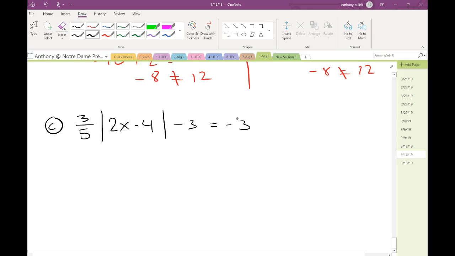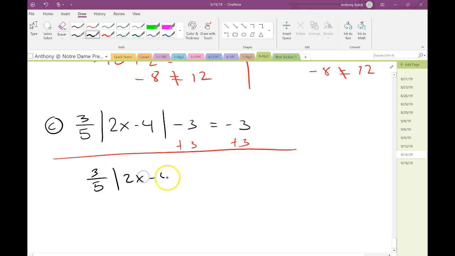So, 3/5 times the absolute value of 2x minus 4, minus 3 equals negative 3. First thing I should do is add 3 to both sides, absolutely. Don't be afraid to shout them out when you know it. That's okay. All right, what's next?